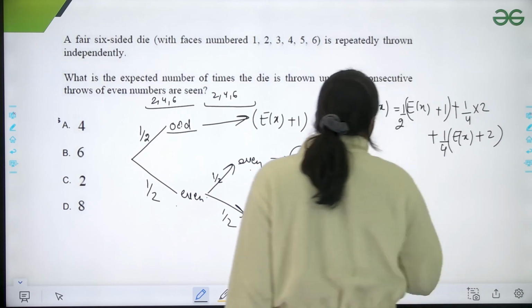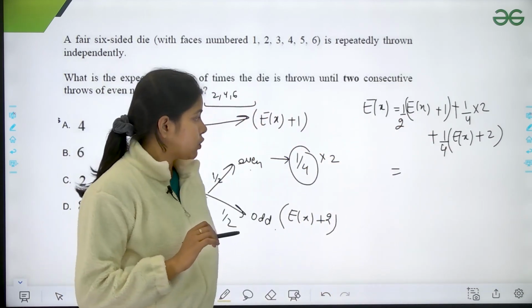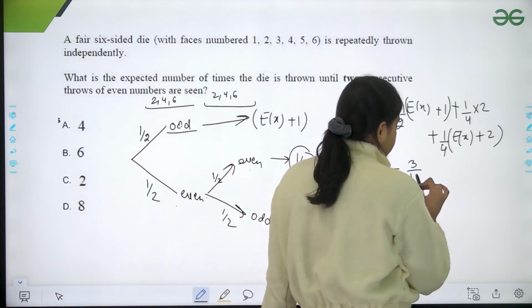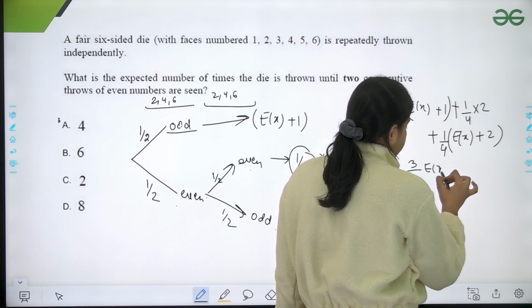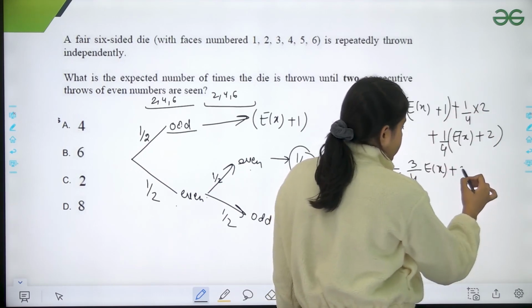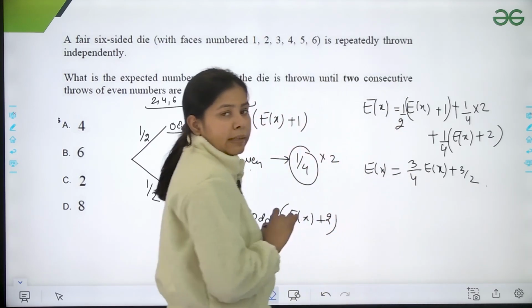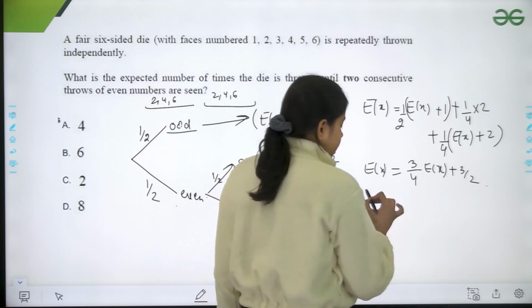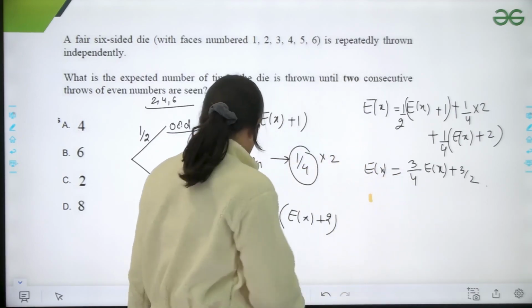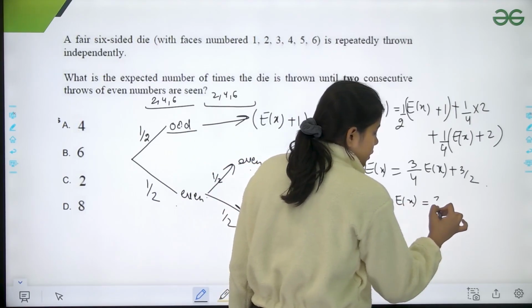If I solve this, what would I get? 1 by 2 expectation of x and 1 by 4 expectation of x gives me 3 by 4 expectation of x. And solving the remaining values, 1 by 2 plus 1 by 2 is 1, and so it gives me 3 by 2. Taking the expectation to the left hand side, it becomes 1 by 4 expectation of x equals 3 by 2.